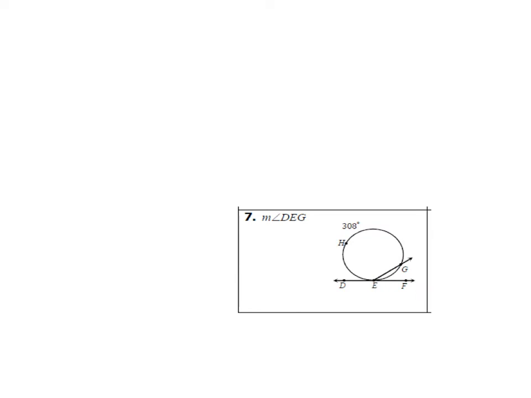Take a look here. All right, ask yourself, where is the angle? DEG. Here it is right here. It's on the circle. So when we think about our three formulas that we know so far, the angle is equal to half the arc when it's on the circle. So what do we do from here? Well, the angle, we don't know, so we put x, is equal to half of the arc.